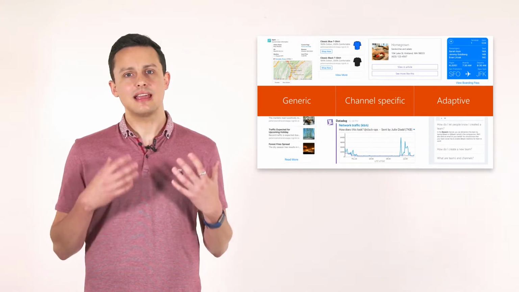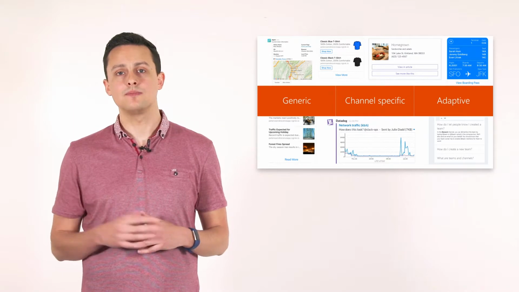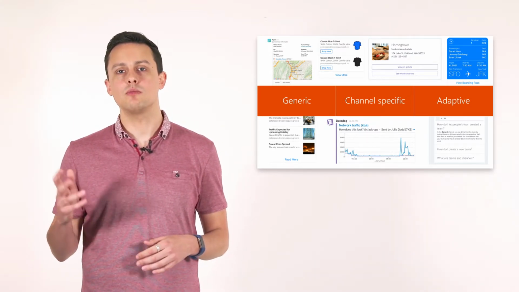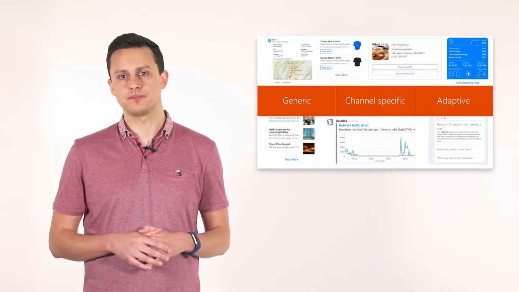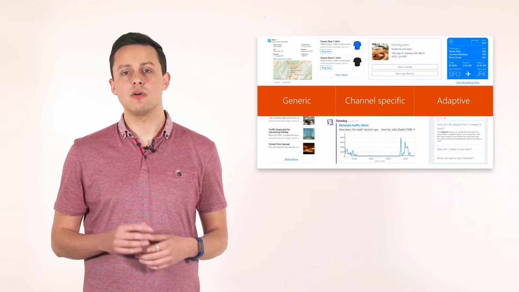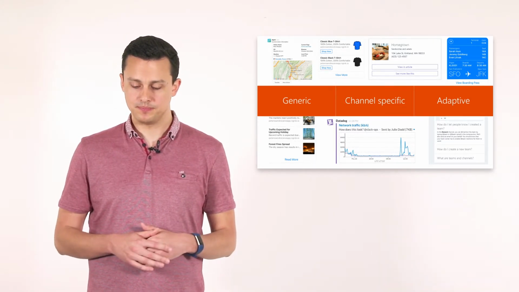Now, if we asked exactly the same thing via Skype or Cortana, the bot framework would be able to translate that into a platform-specific carousel option. All we need to do is provide the metadata that's required, and the bot framework handles the rest. So that's the first step.